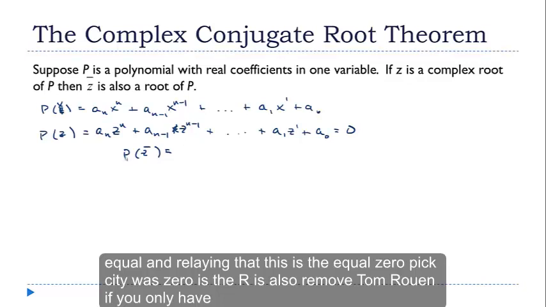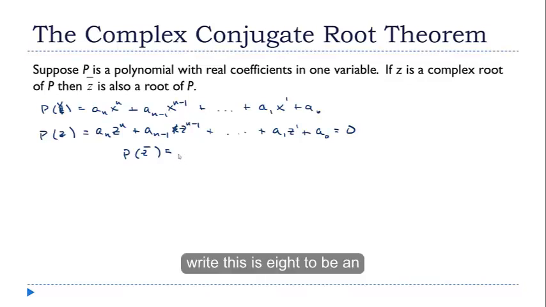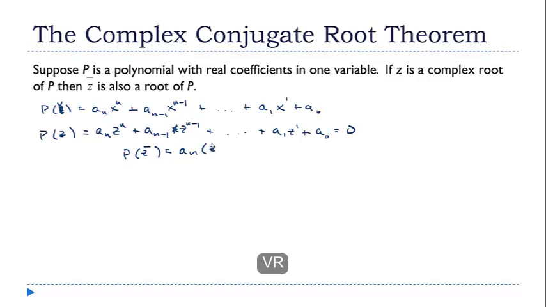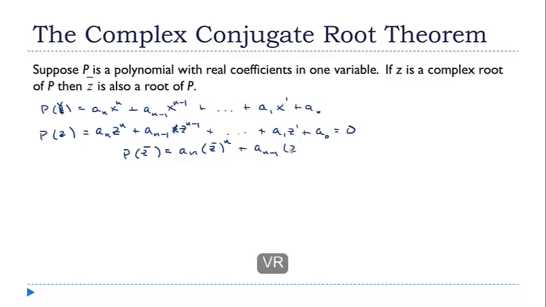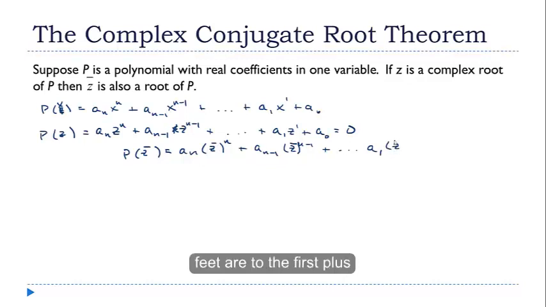All right, well, let's see what we have here. This is a_n Z bar to the n, plus a_(n-1) Z bar to the n minus 1, plus so on down to a_1 Z bar to the first, plus a_0.